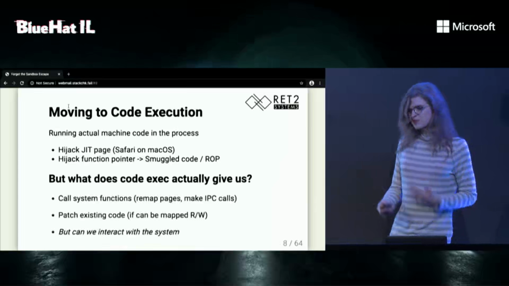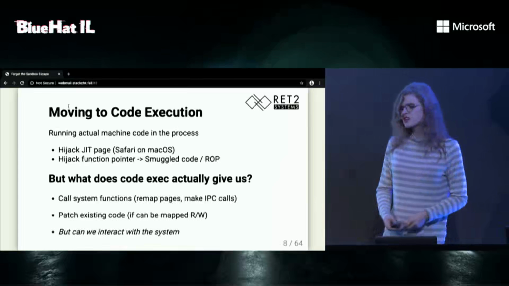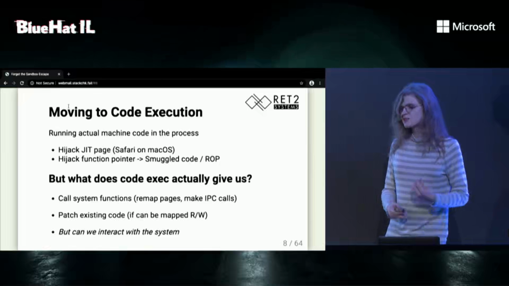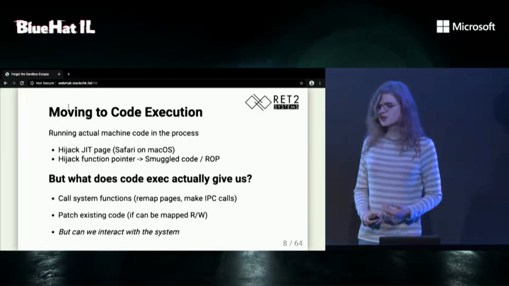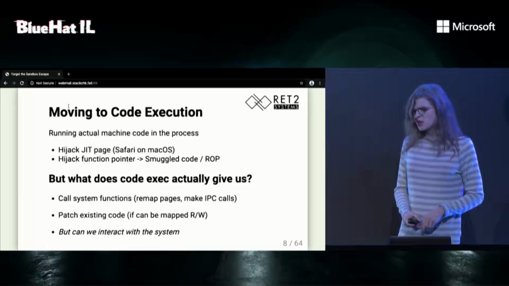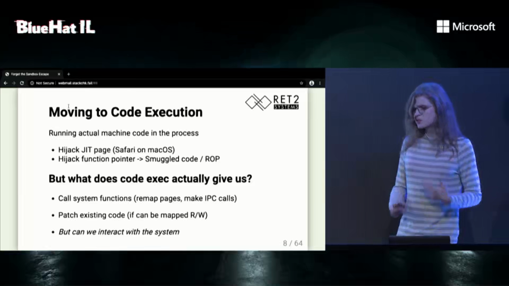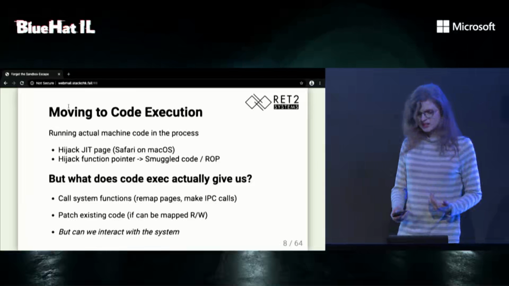Attackers are going to try to get code execution because there are a couple of things they can get from it. They can now call system functions and interact with the system in some ways. They can try to patch existing code, if they can remap the existing code as read-write. But the question is, would you be able to actually interact with the system from code exec?